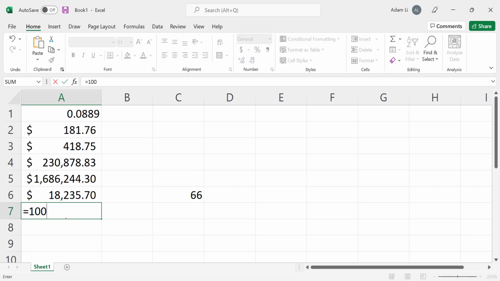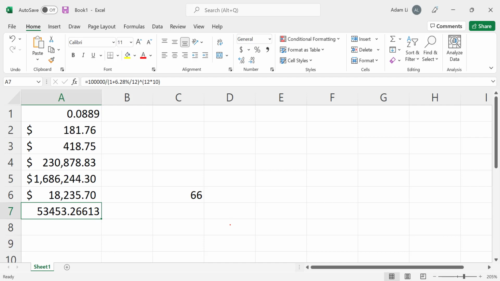We get 100,000 divided by 1 plus 6.8% over 12, raised to the 120 power basically. So we get a result of $53,453.27.